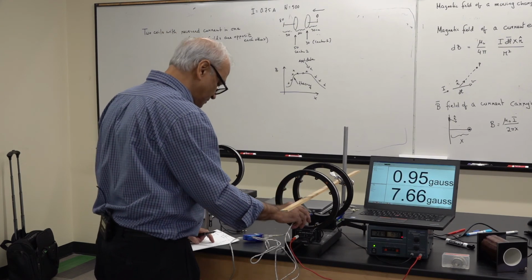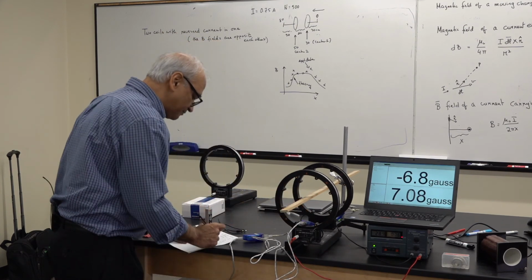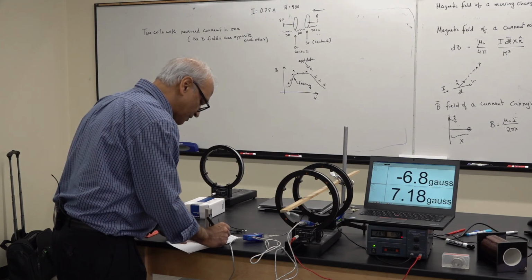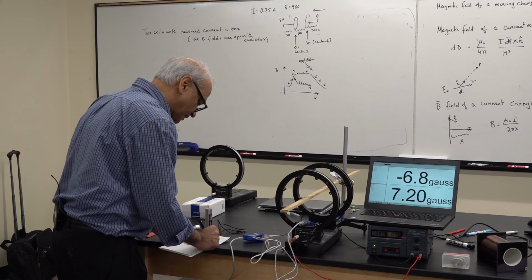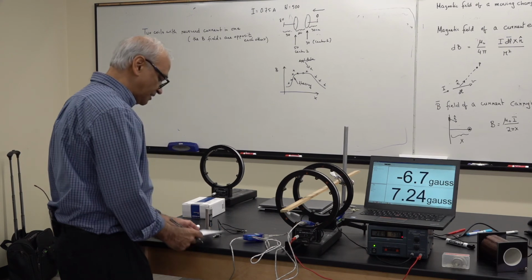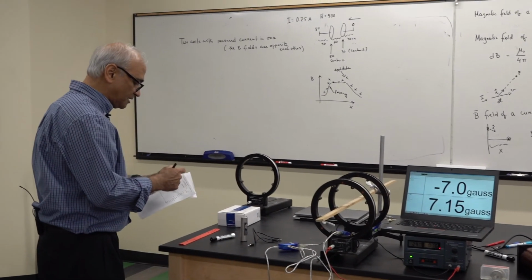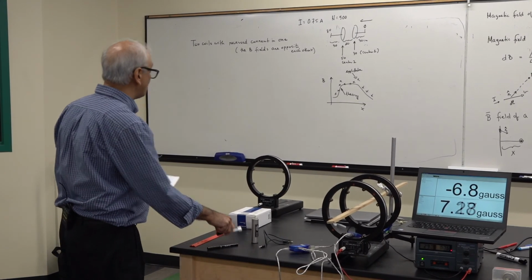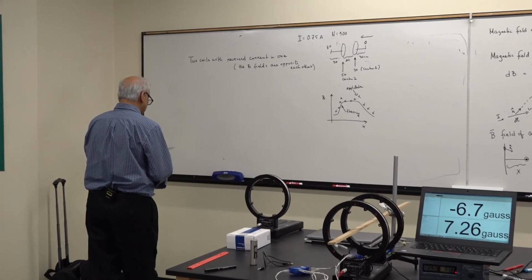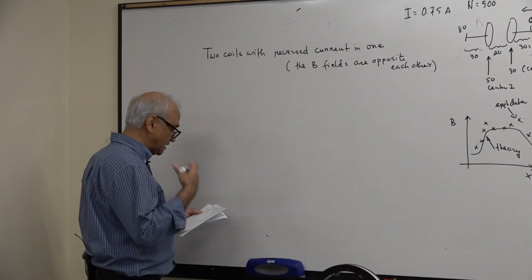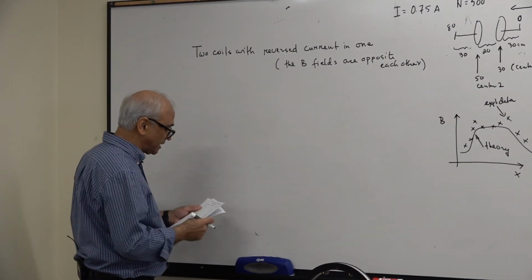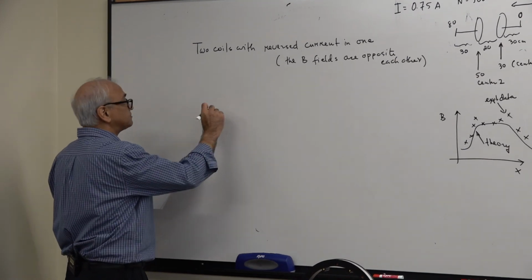So right there in between, it goes to 0. So that's the only thing I wanted to, and I should have been careful in mentioning that, because the field does go to 0 all the way down at the center, and then it switches. It becomes from negative to positive.